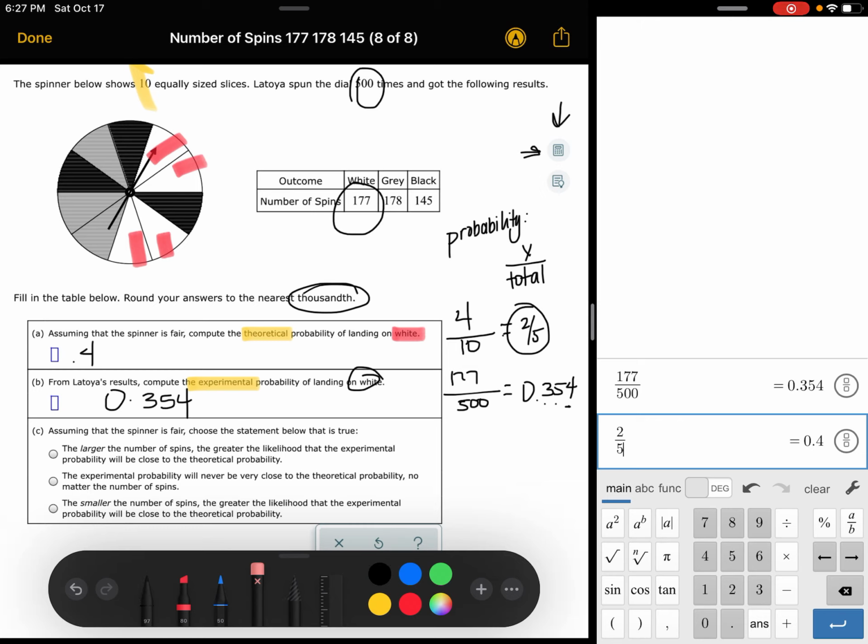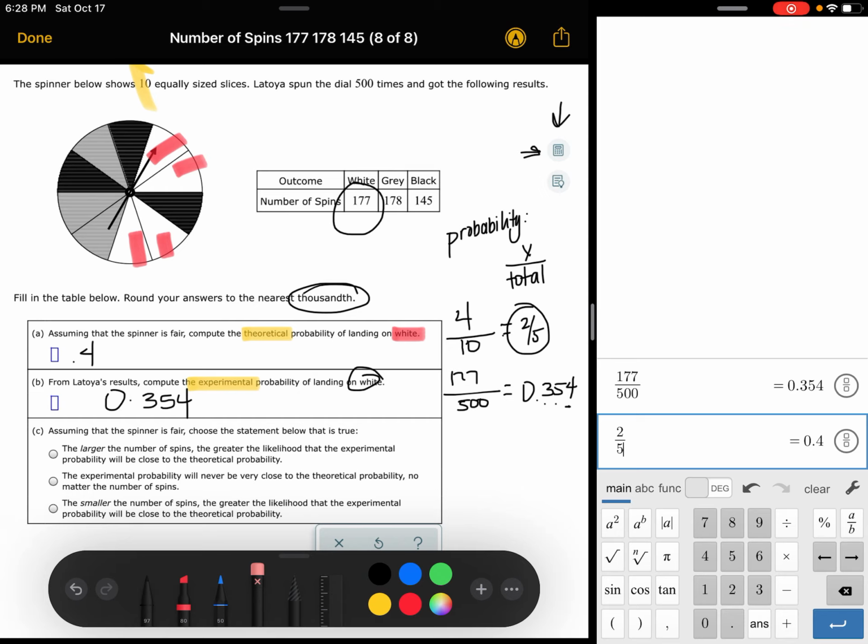So like if Latoya stopped at 100 spins, she would probably, for the most part, have the same answer. So if you round 0.354 to the same 10th place, this is essentially the same number. So it's close. It's not quite there, but it is close.